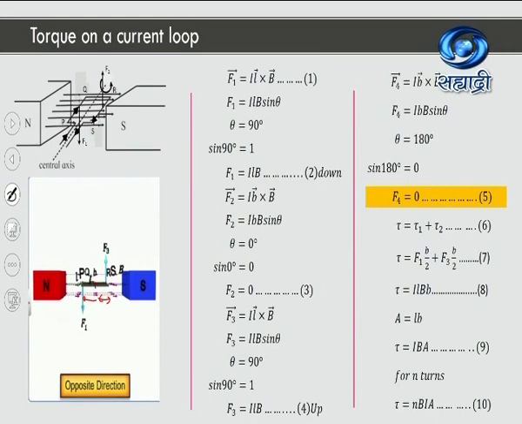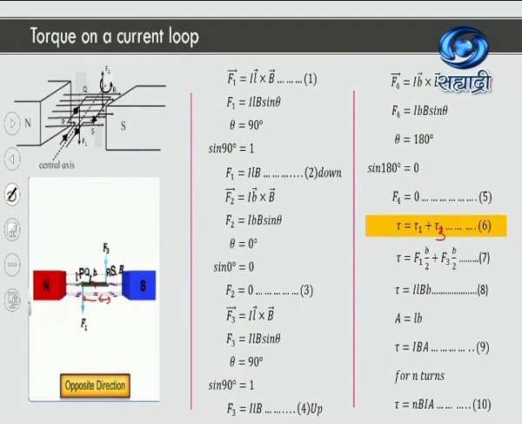We know that the moment of force produced by a single force about a given axis is nothing but the force into the perpendicular distance, or one can say the moment arm. Here the moment arm is b by 2. Hence, the torque tau acting on this rectangular loop PQRS must be equal to tau 1 plus tau 3.